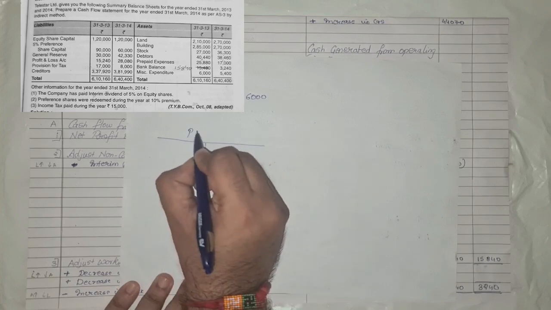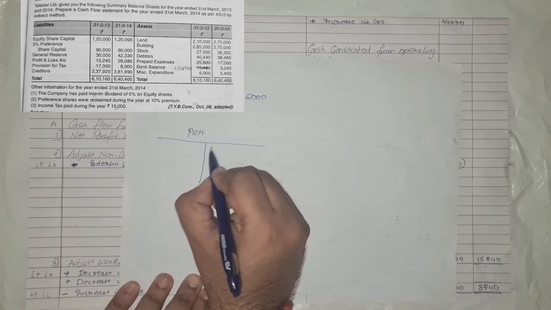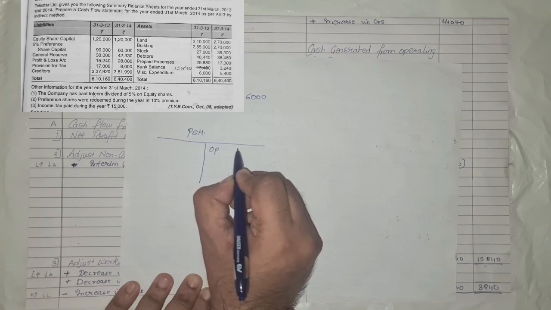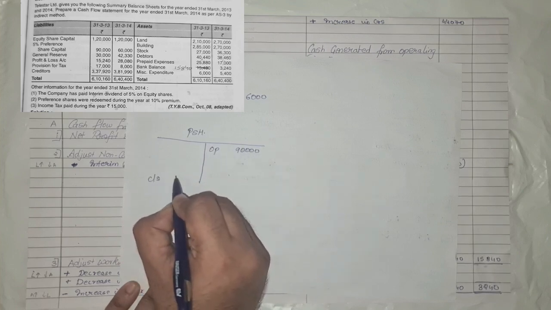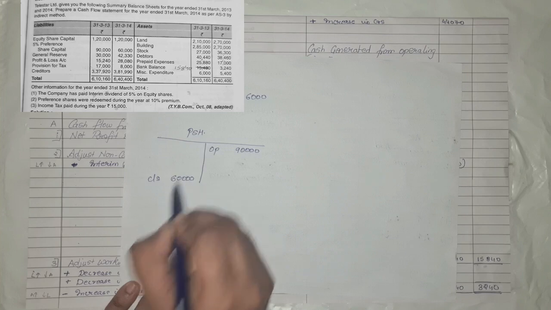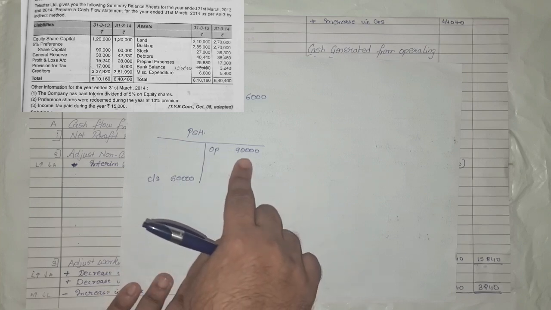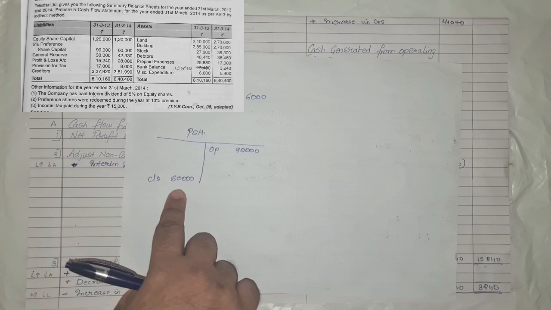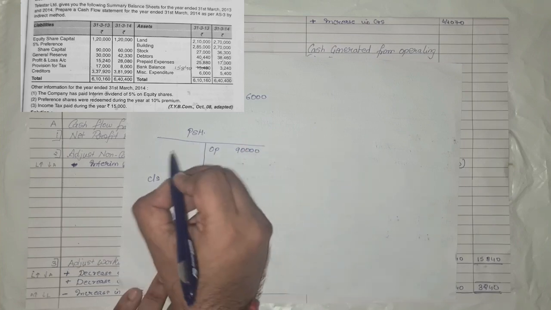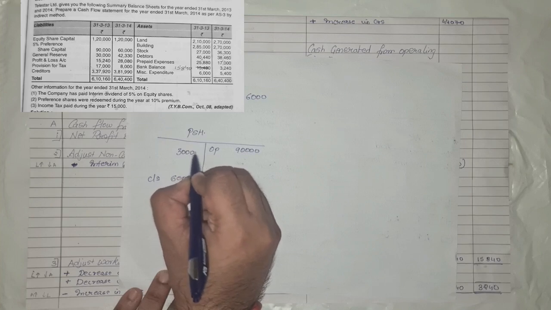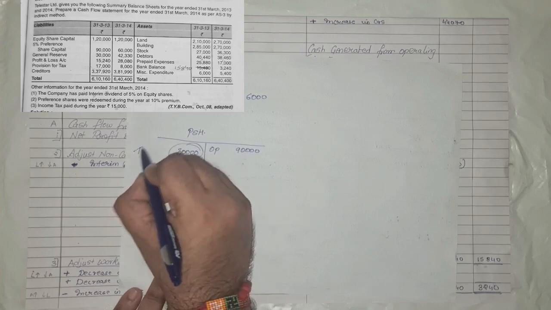The opening balance of preference shares, a liability, will be on the credit side, and the closing balance is given as 60,000. So opening was 90, closing is 60. So there is a reduction in the value. From 90 it becomes 60. It means 30,000 we have redeemed.